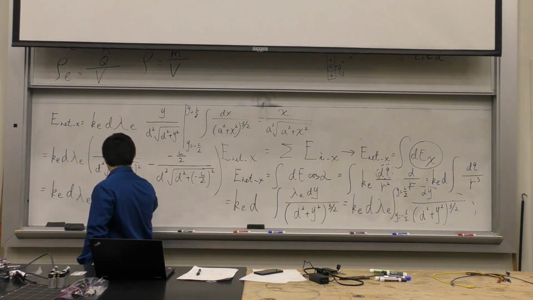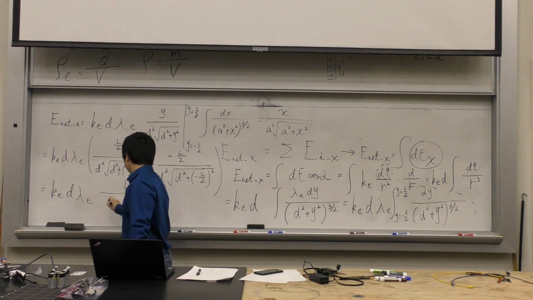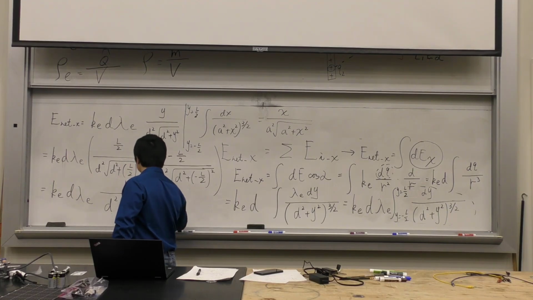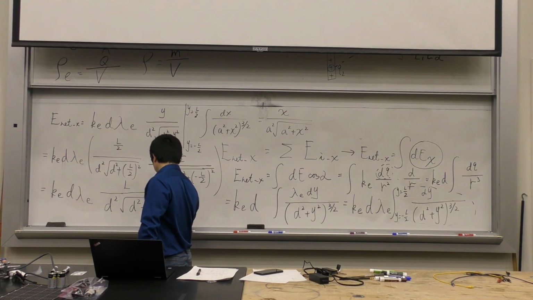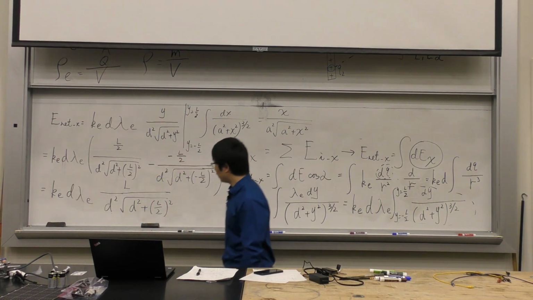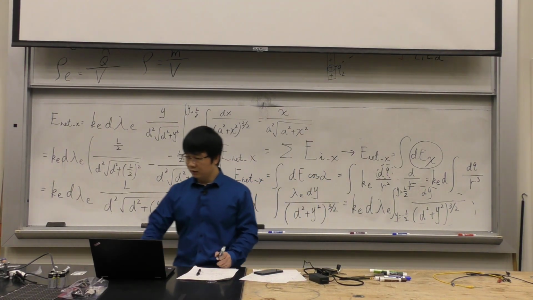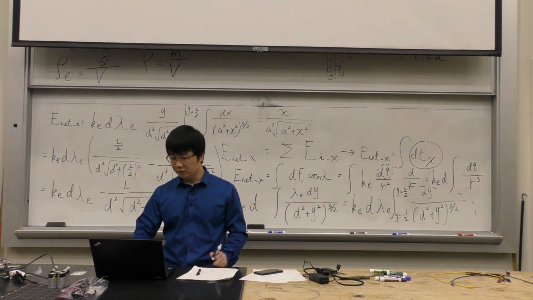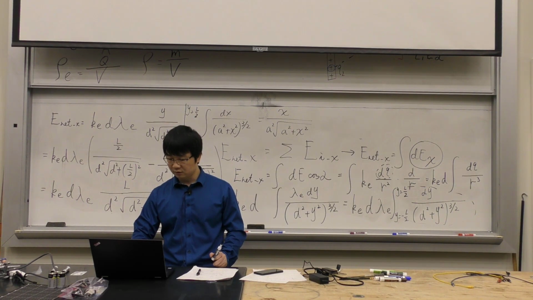So you will get L at the top, and at the bottom D squared, and then D squared. Okay? This is pretty much it, right? But we can still make this a little bit simpler, okay?